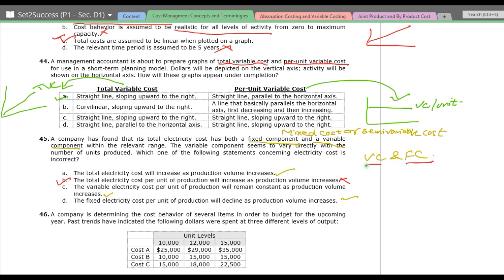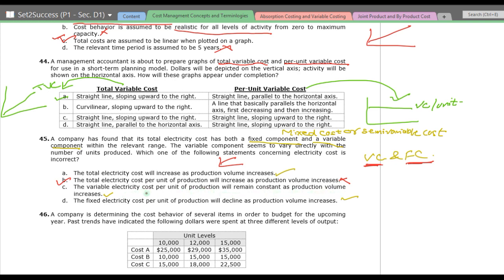So total electricity cost will increase as the production volume increases. The graph will be somewhat like this. The variable electricity cost per unit of production will remain constant as the production volume increases.